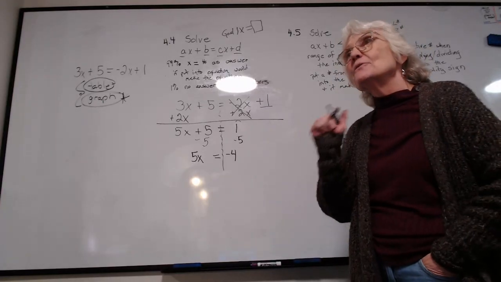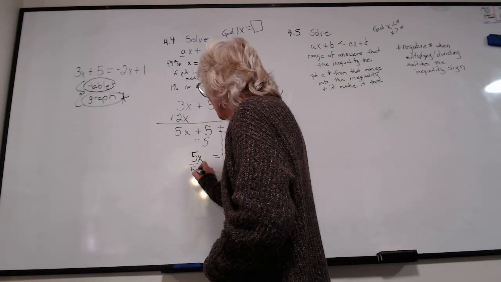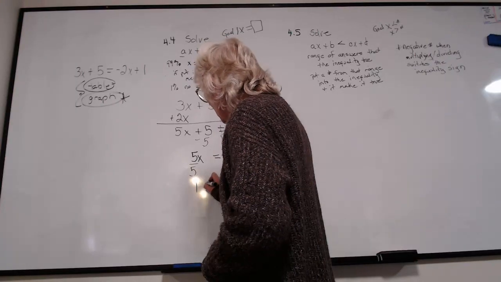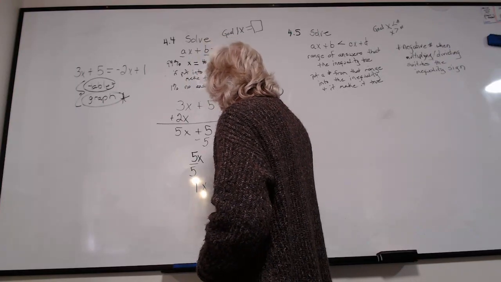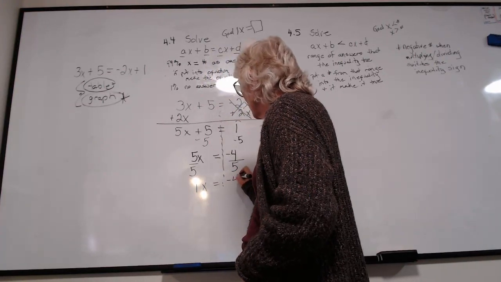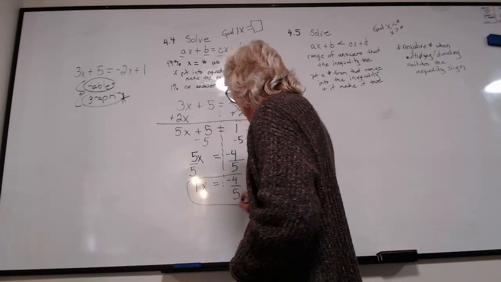We want to just make it a 1. So the only way I can make it a 1 is divide by 5, because 5 divided by 5 is 1x. Our goal is to get 1x equals, I have to also divide on this side, so my answer is -4/5. Or negative 0.8.